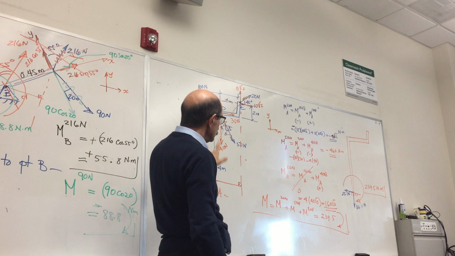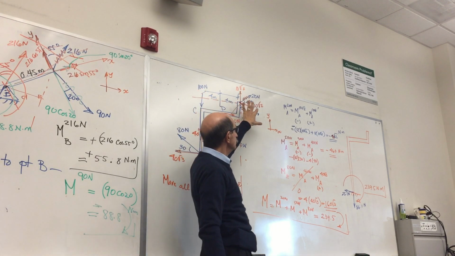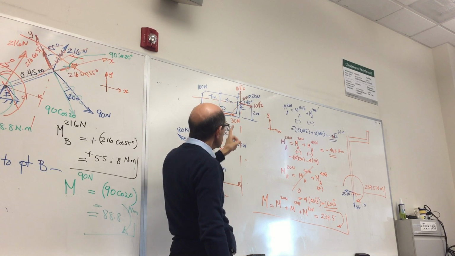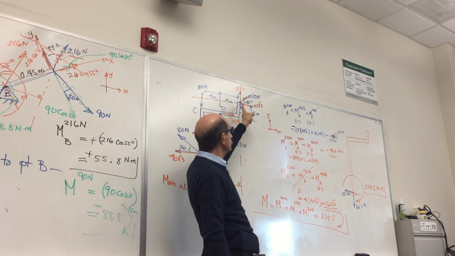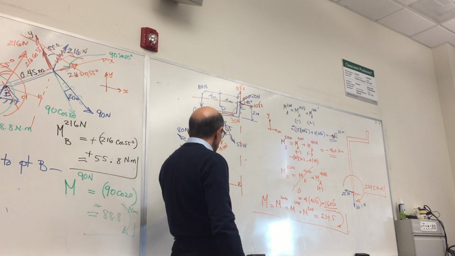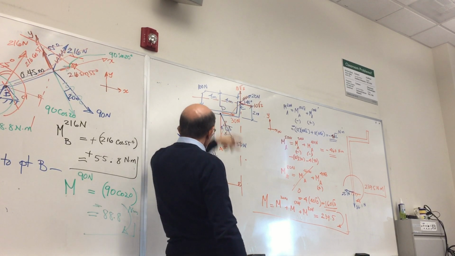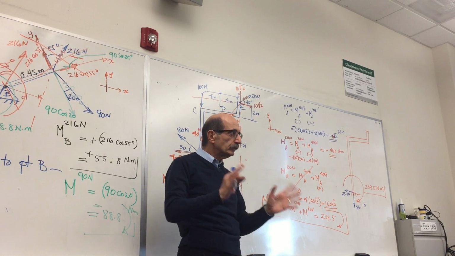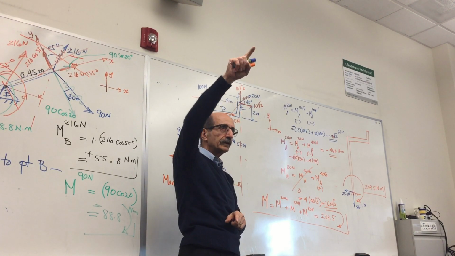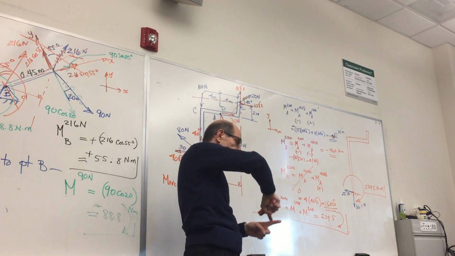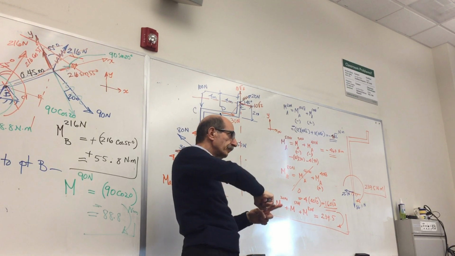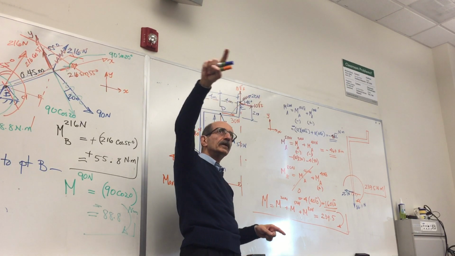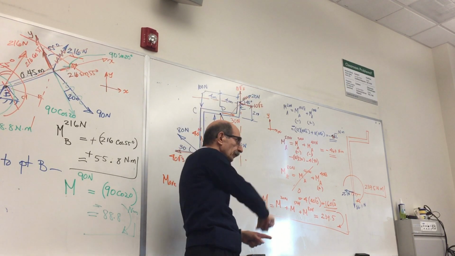But what results from moving these forces to here is that you need to put a moment that results from each force about this new location, add them all up, and put it on the structure, which is what we did. For an equivalent force, moving a force from the existing location to another location, you just move it there, but add the moment which results from that force about the new location.